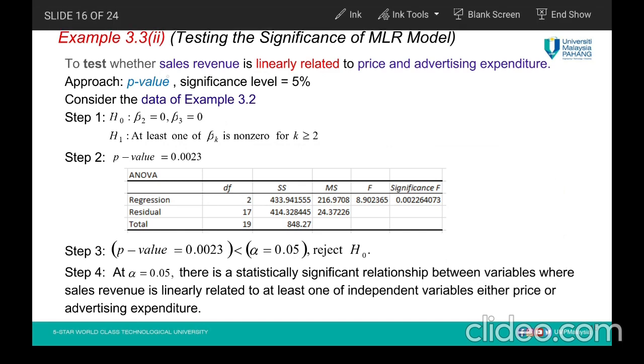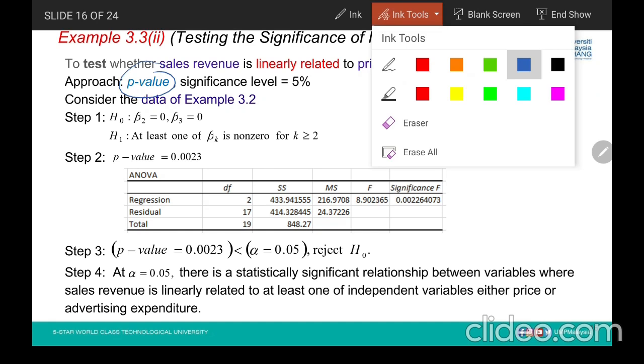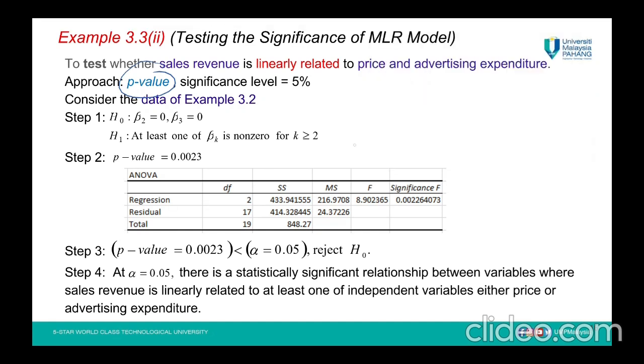Now we go to example 3.3.2. In this example, we use the p-value approach, with the same significance level, that is alpha equals 0.05.